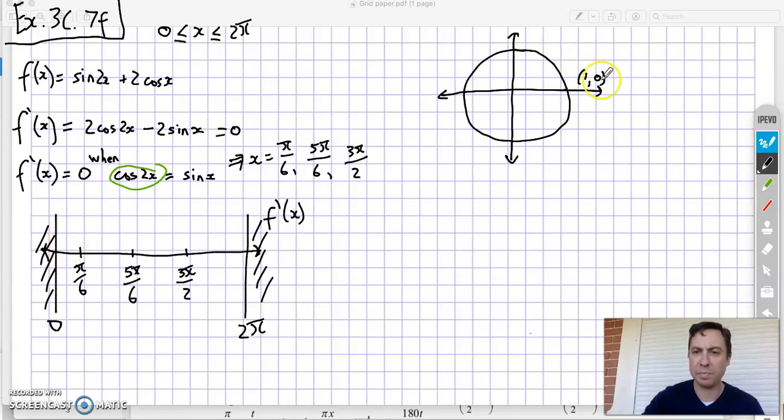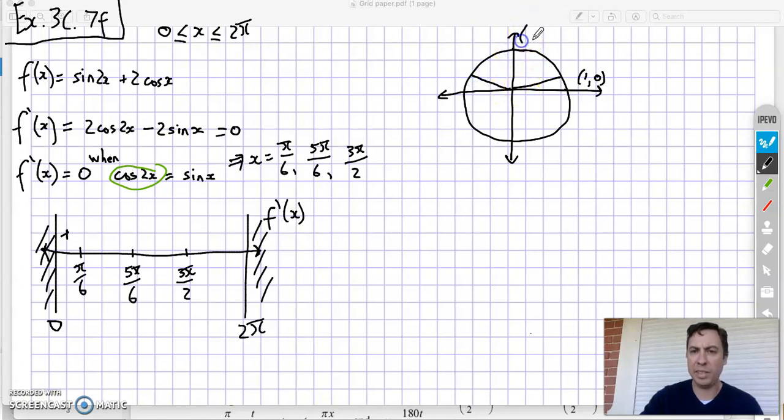So if I test the angle of 0 in my first derivative, the cos of 2 times 0 is just 0. That equals 1. Cos of 0 is 1 times 2, it's 2, minus sine of 0 is 0. So I'm ending up with something that is positive there. Positive.